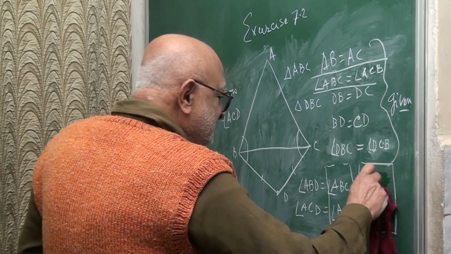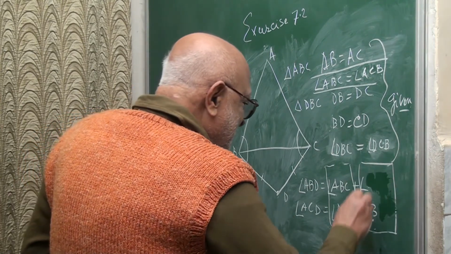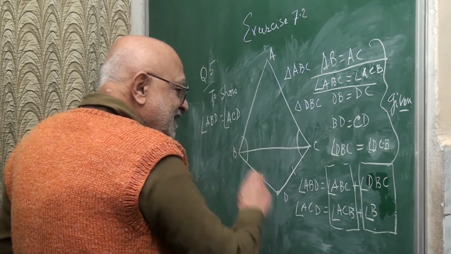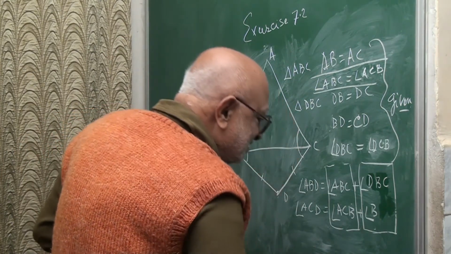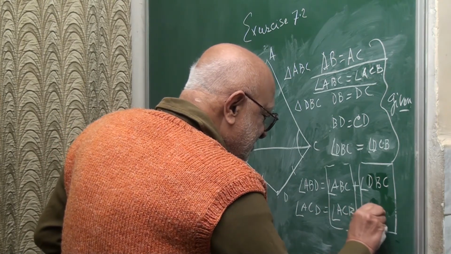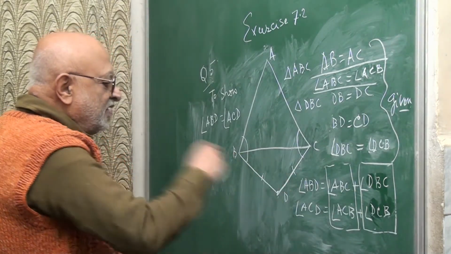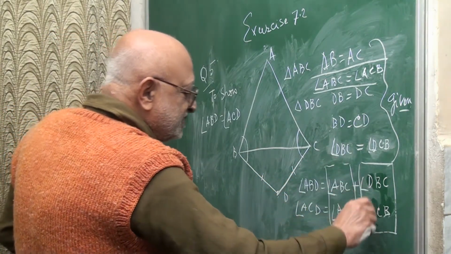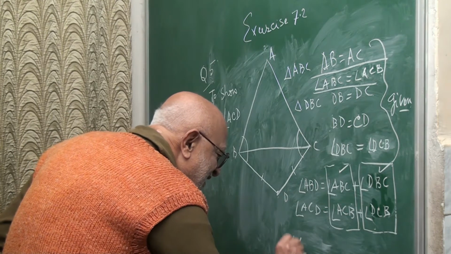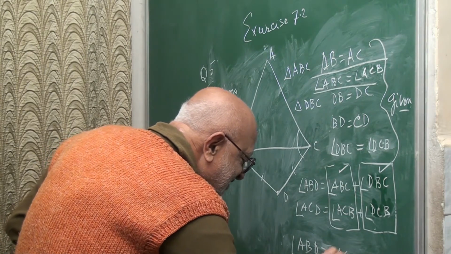This should be angle ABC, this should be angle DBC, and this would be DCB. Okay, only I change a little bit of nomenclature so that they fit. So these two are equal. Therefore, angle ABD is equal to angle ACD.